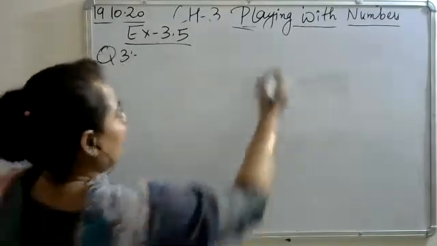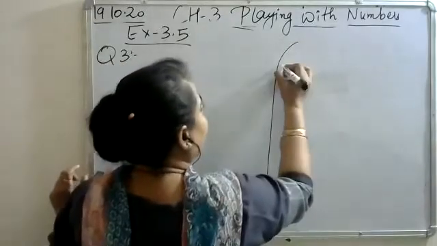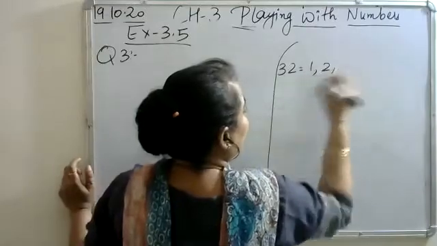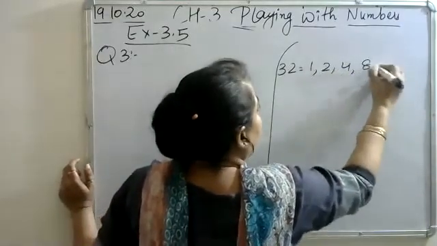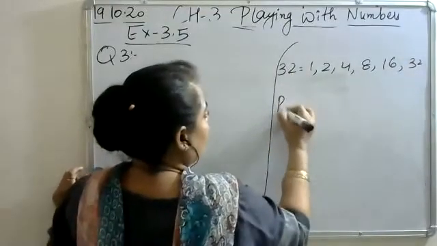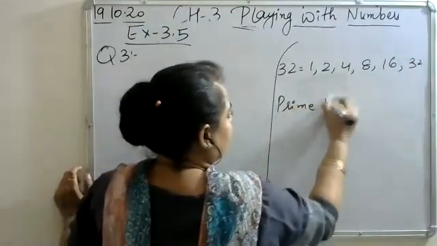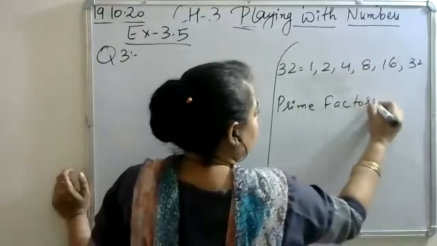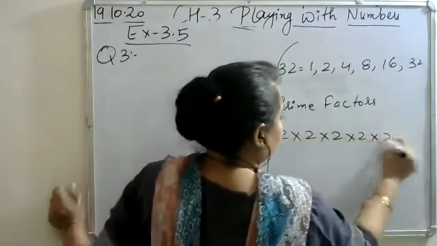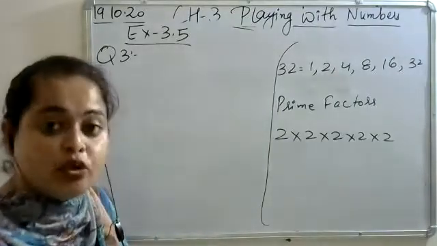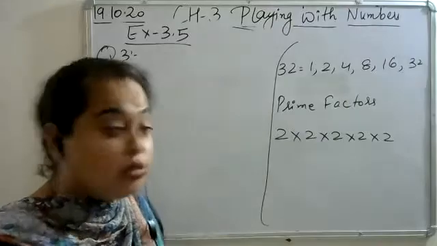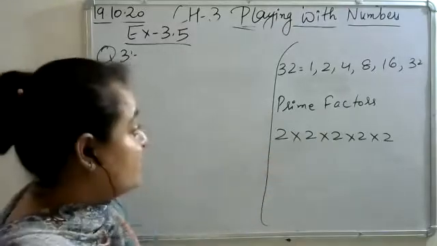Now, whenever you write factors of 32, you will write 1, 2, 4, 8, 16, 32, and whenever you write prime factors, then you will write this. Now tell me, according to you, which factors are not included in the prime factorization?